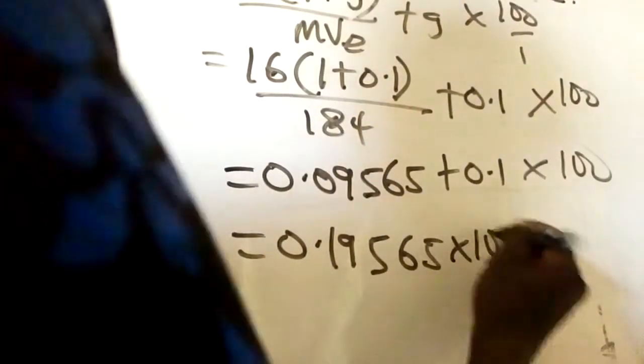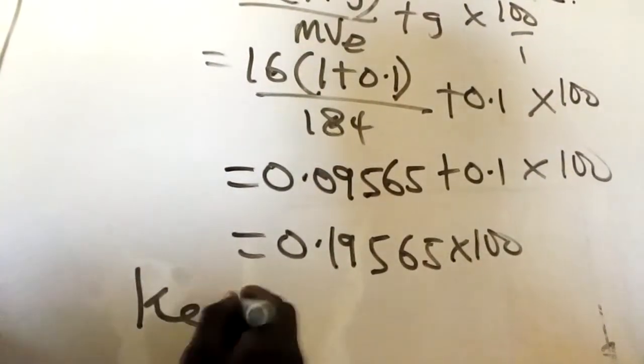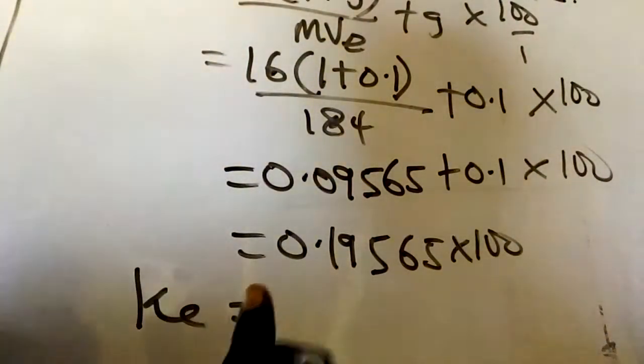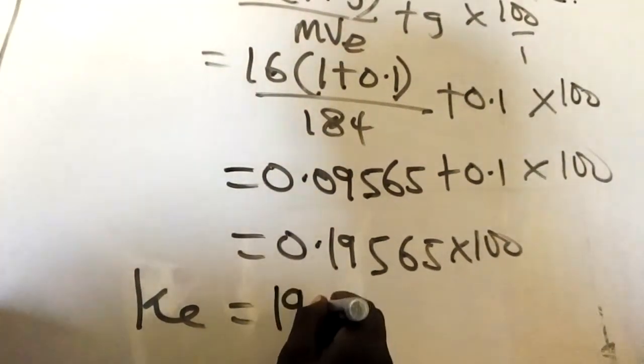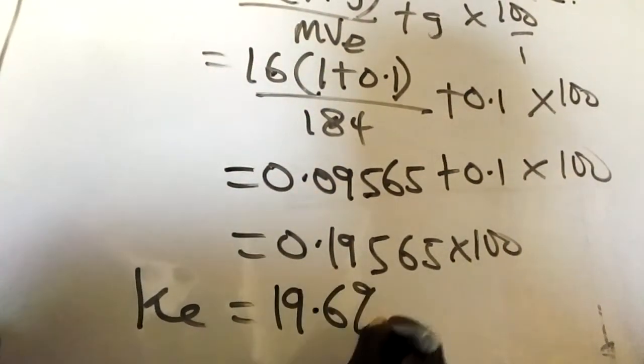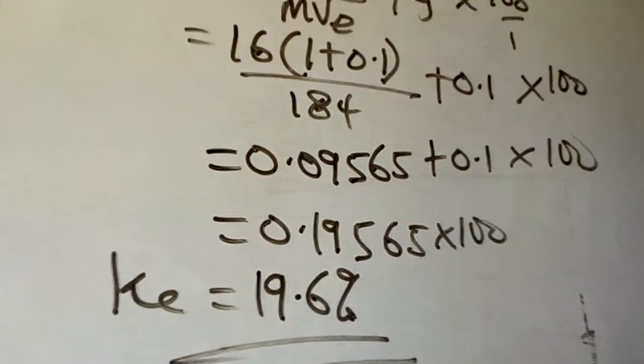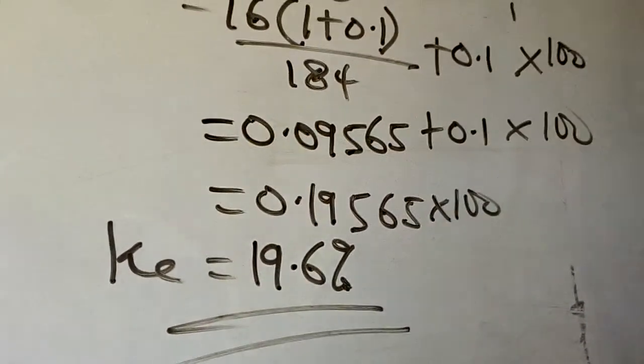Times 100 to convert to percentage, the cost of equity is approximately 19.6%.